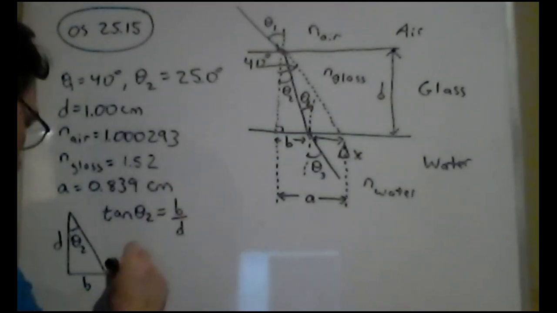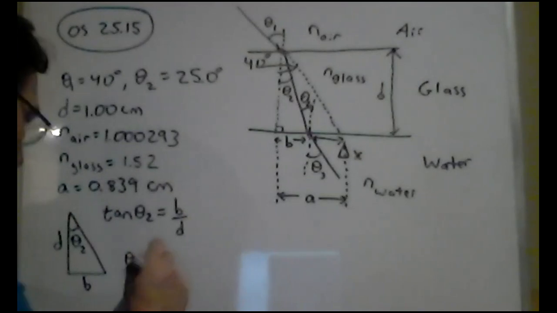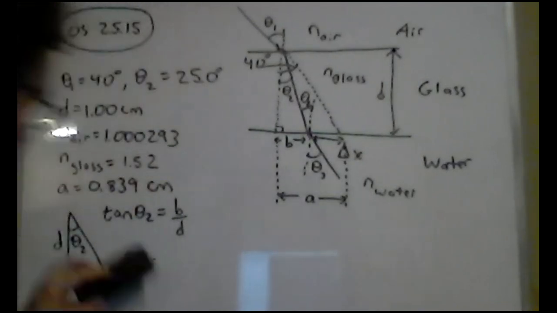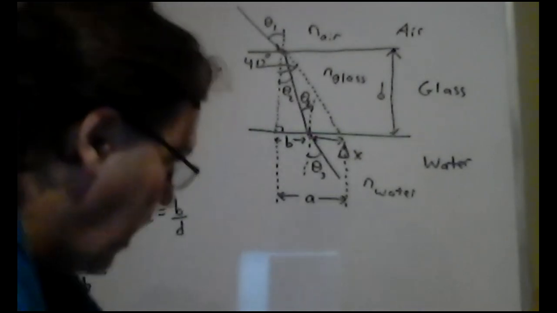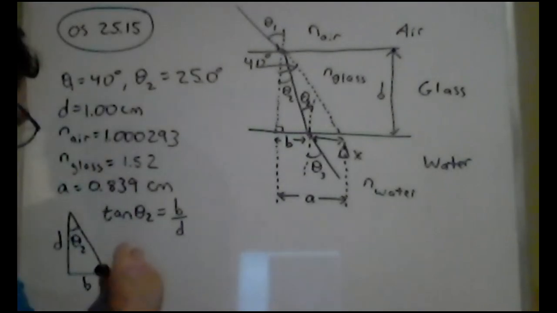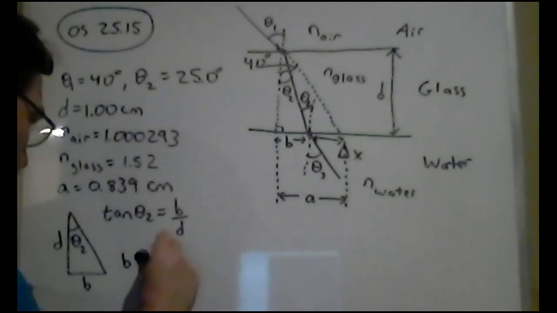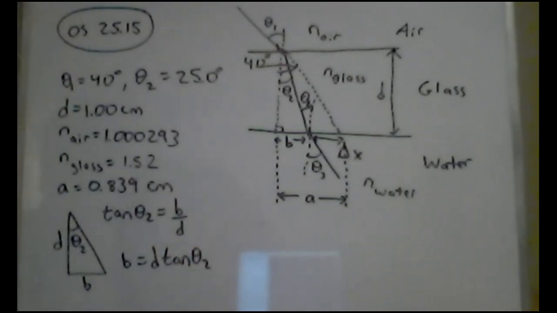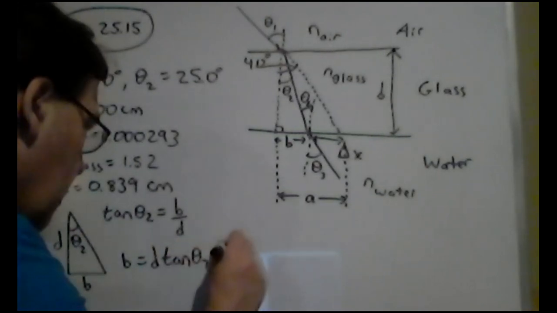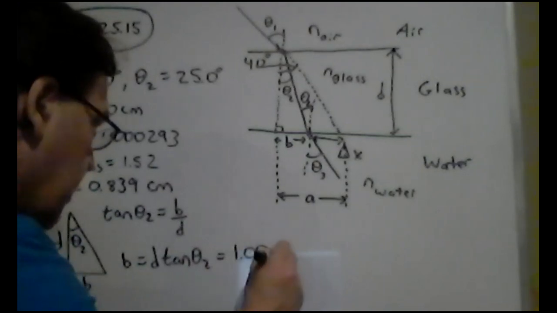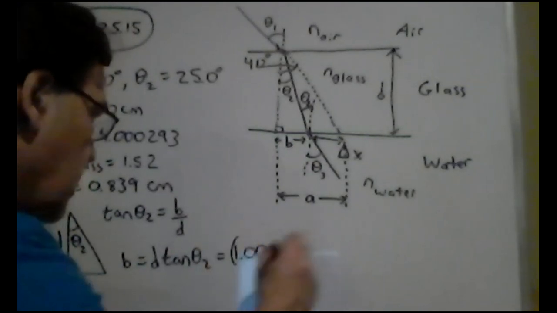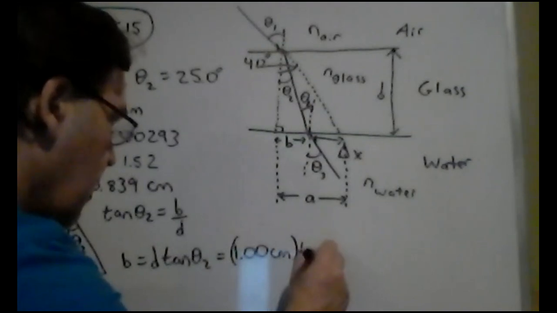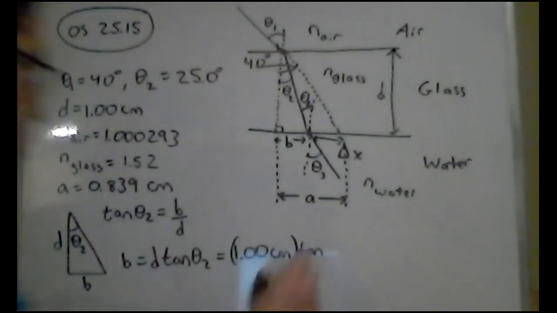Actually, I'm solving for B now. So B is D tangent theta 2, or D, which is just 1.00 centimeters, makes the math easy, tangent of theta 2, which is 25 degrees.